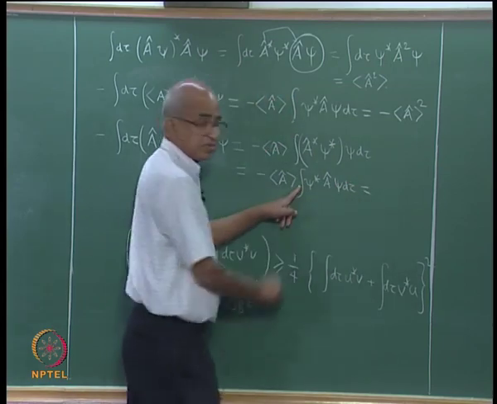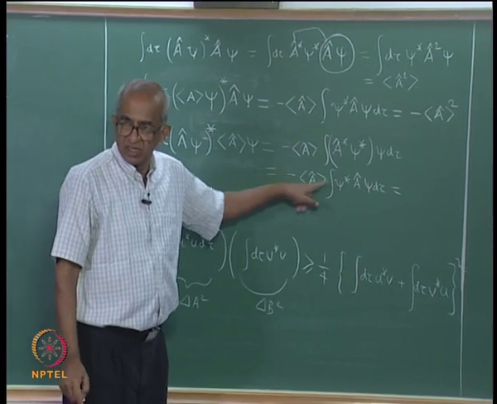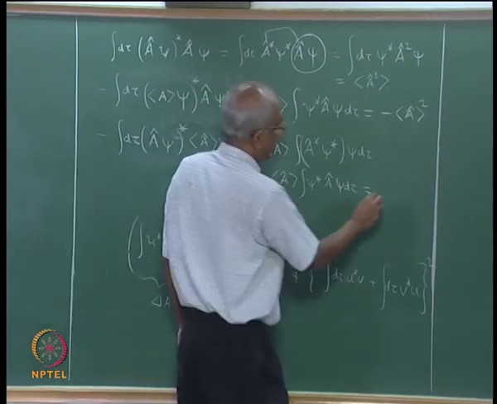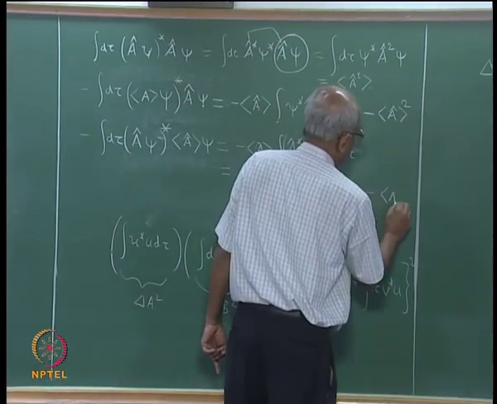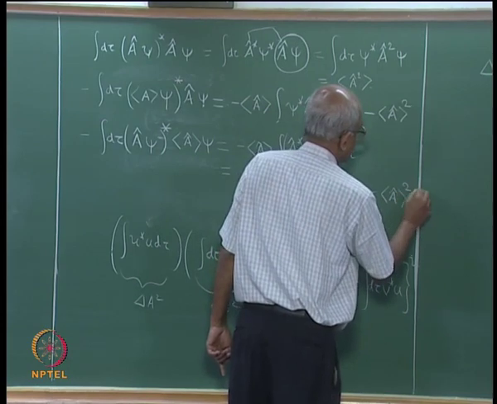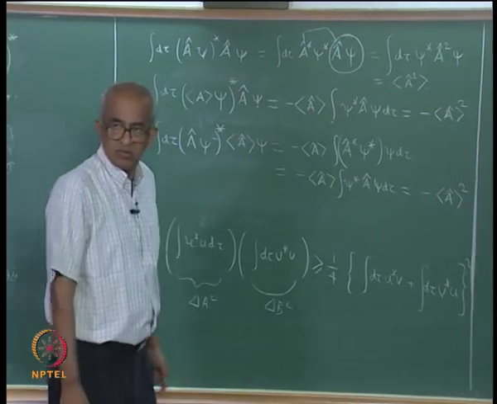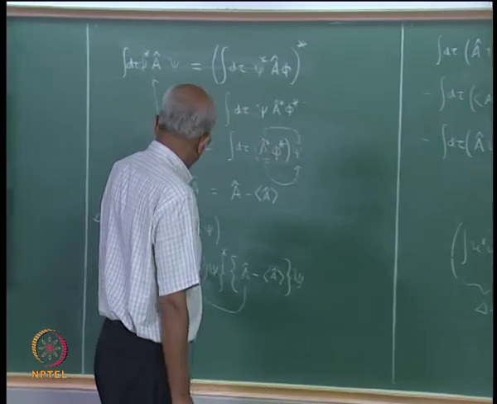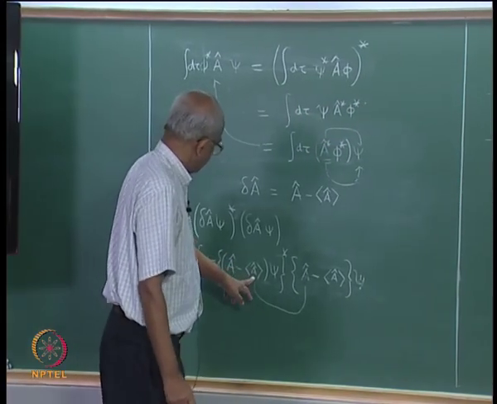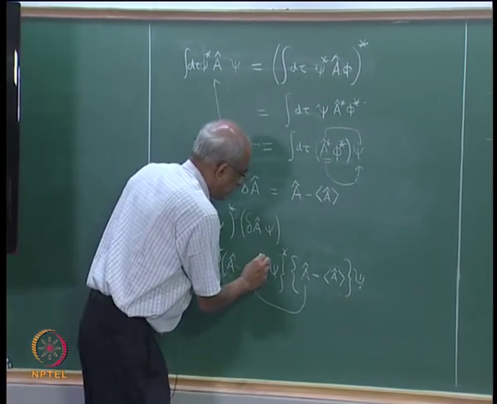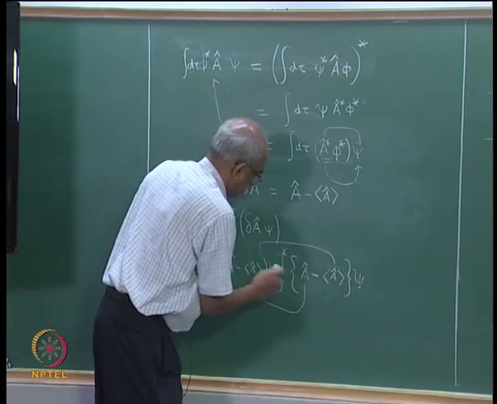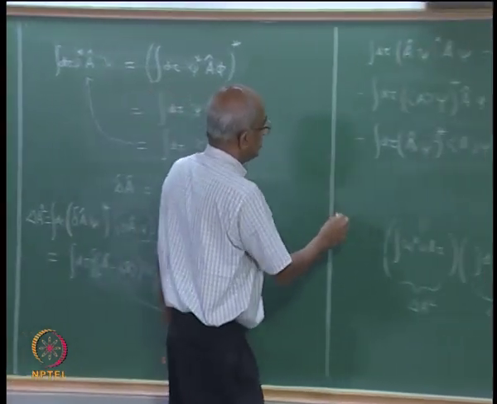This is nothing but the expectation value of A, and therefore, what is it? You get another minus expectation value of A square. And what is the last term? Last term is obtained from this into that, right. So, that is actually quite simple.